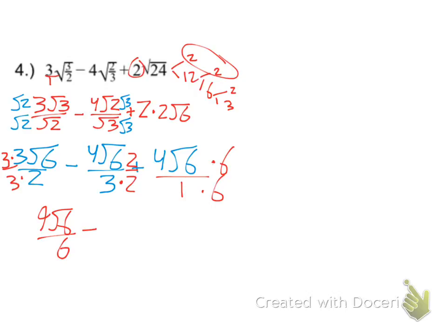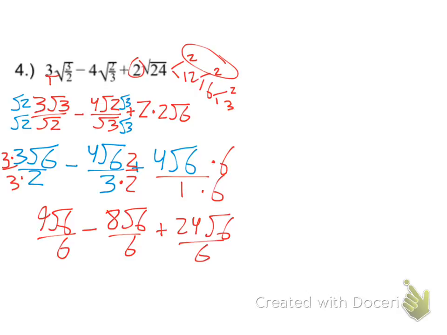Minus 8 square root 6 over 6, plus 24 square root 6 over 6.